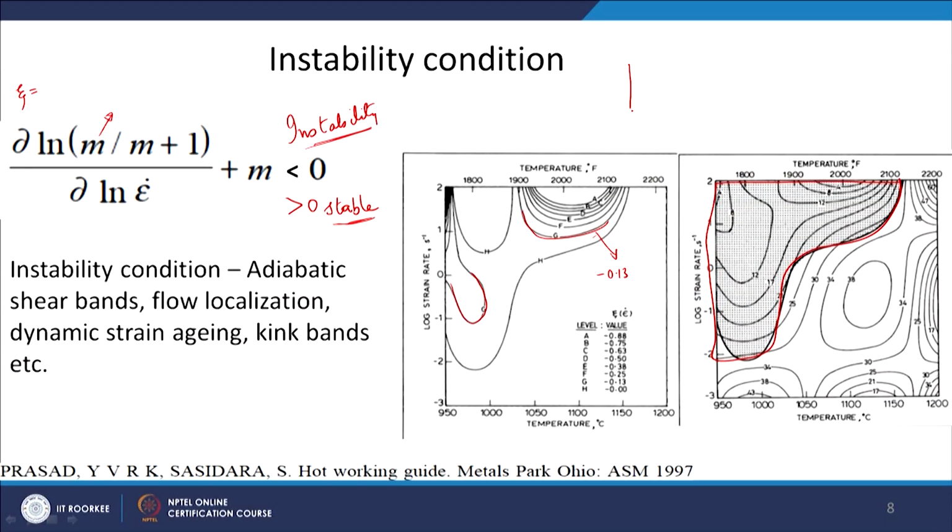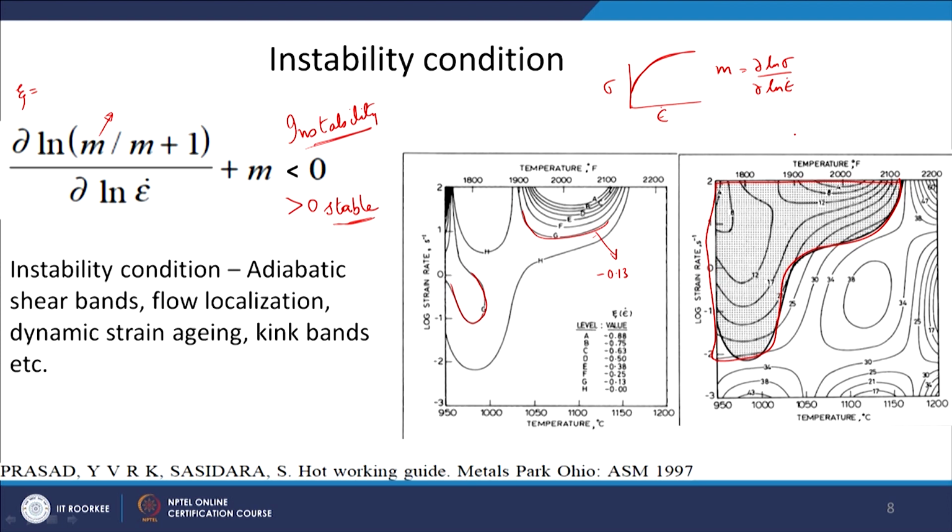For example, if I want to know m, suppose this is epsilon dot, this is sigma, and you have a variation like this, as we have just seen. If I want to calculate the strain rate sensitivity m, one way, if m is constant, is to take the ln of this and find the slope of the straight line, which I have already told you.